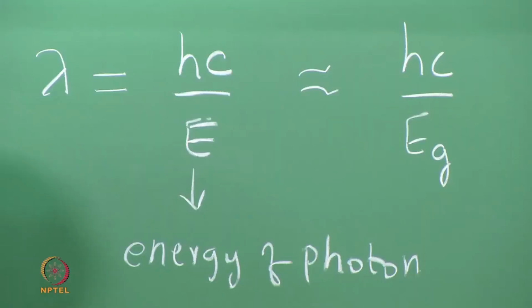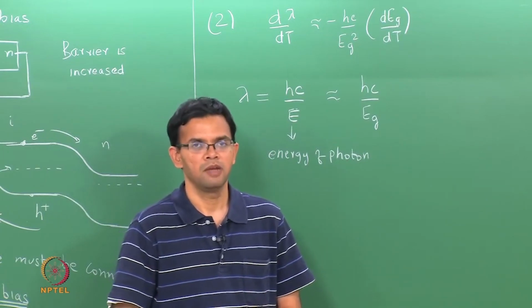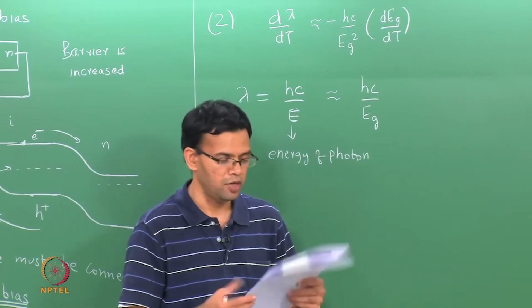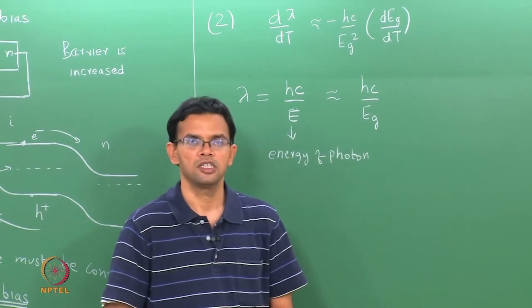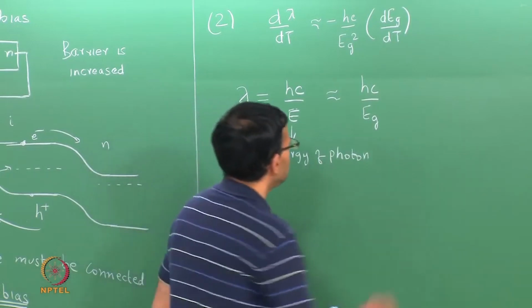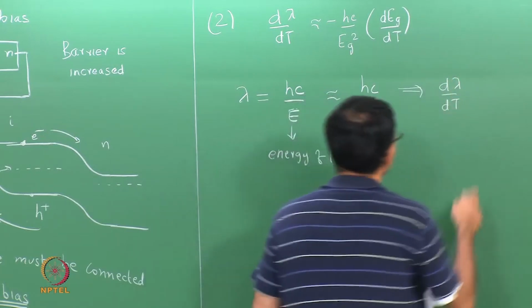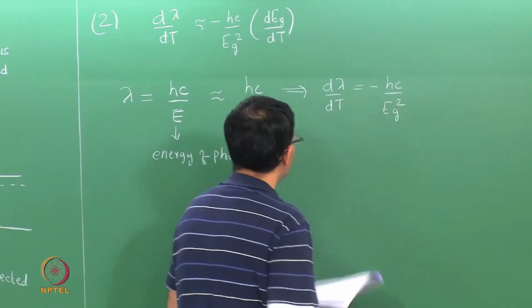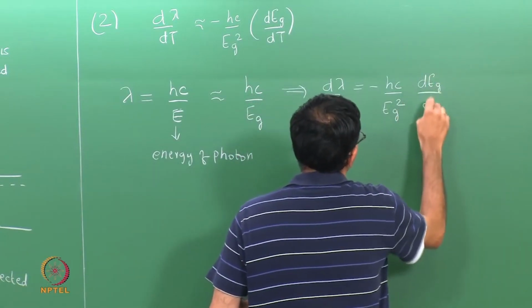Usually the electron or the hole is not located exactly at the band edge, where there is some thermal energy, typically of the order of kT, but we can ignore the thermal energy and say that lambda is approximately hc over Eg. If you look at this expression, h and c are essentially constants, the only variable is Eg. So, if we differentiate this, we get d lambda over dT is nothing but minus hc over Eg square, since you are differentiating 1 over Eg, times dEg by dT.